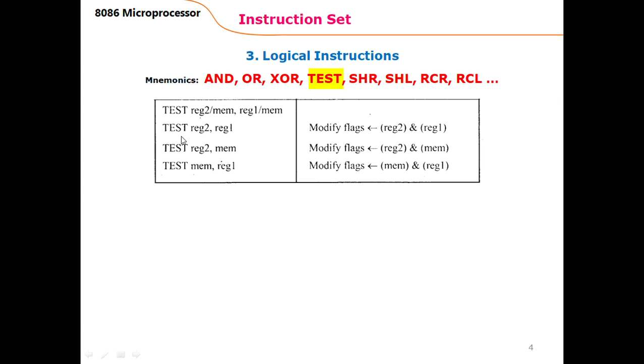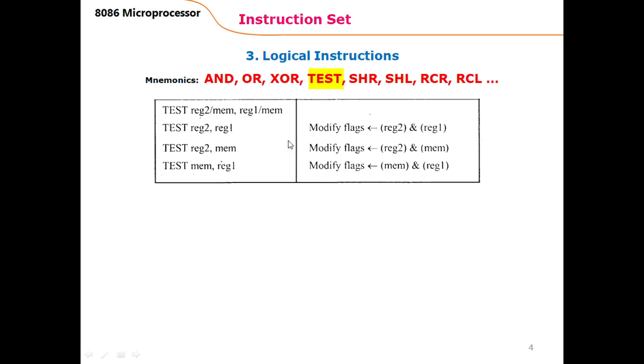The first form is test register, register, where the two sources of data are the two registers, and the values in these registers are ANDed, but the result is not stored, and only some flags are modified as a result of this AND operation.